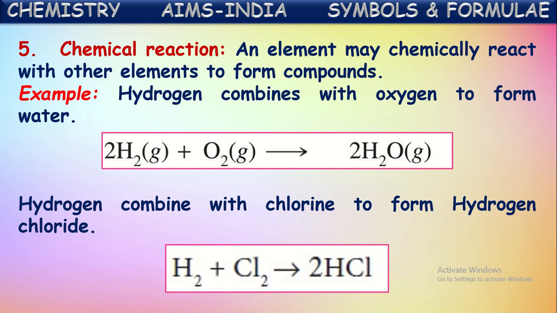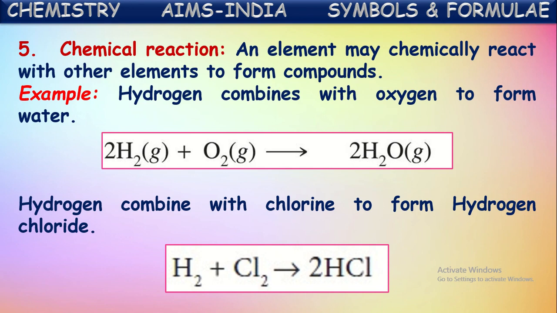Let us recall some of those points. The first rule is that the first letter from the name of the element is taken as the symbol for that element, written in uppercase always. If the first letter of an element is already given as the symbol for some other element, then along with the first letter, a second prominent letter is also taken into its symbol. For example, let us see first carbon.